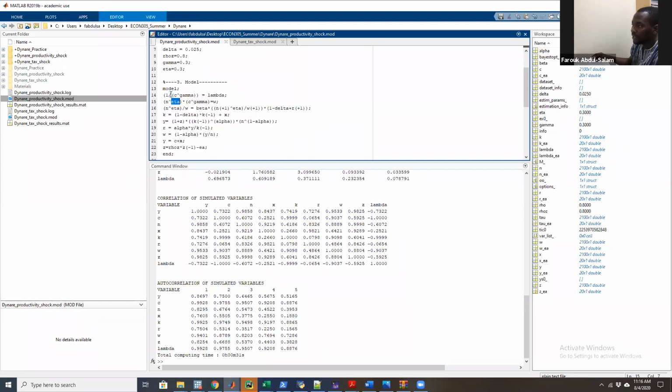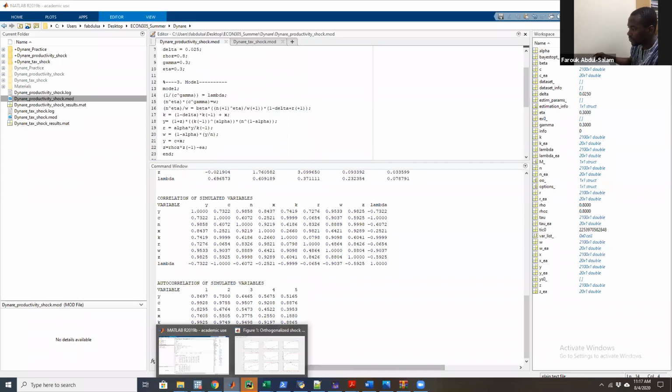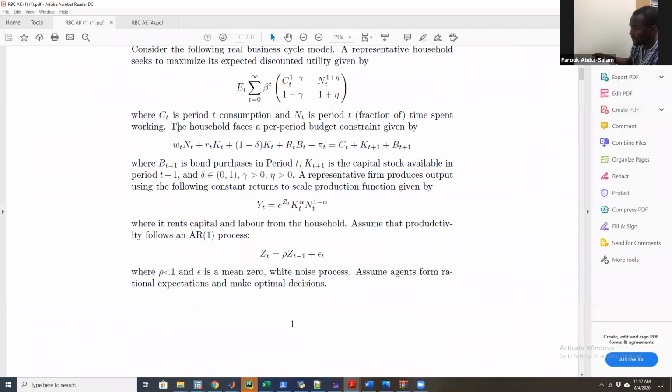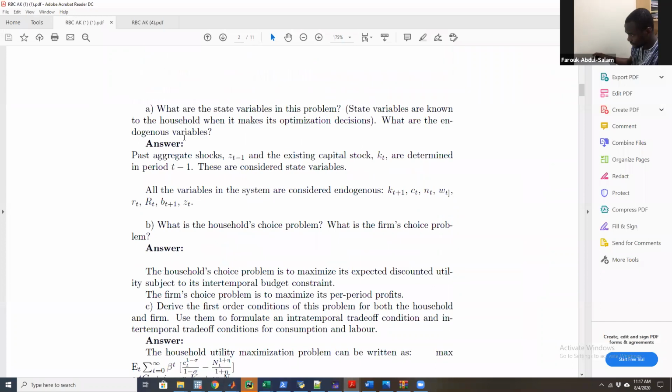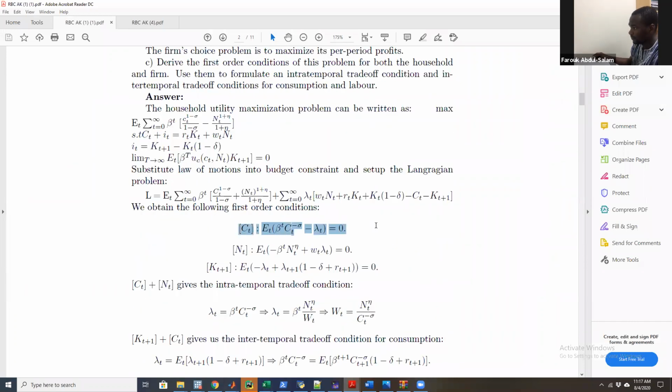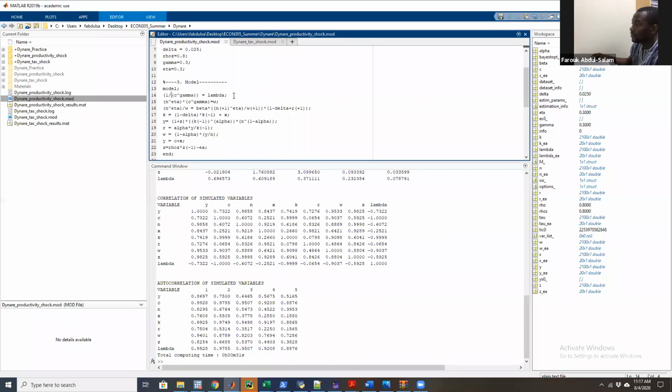An example here is this equation, which captures basically 1 over c equals lambda, the first equation that you saw. That's the equation that you see when you open Dynare: 1 over c to the power gamma equals lambda.